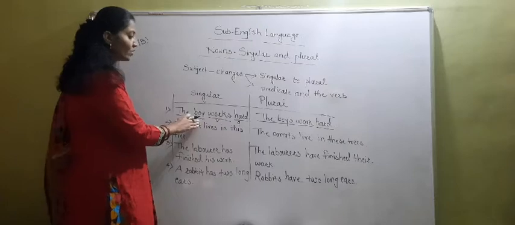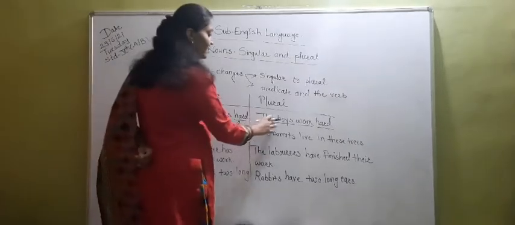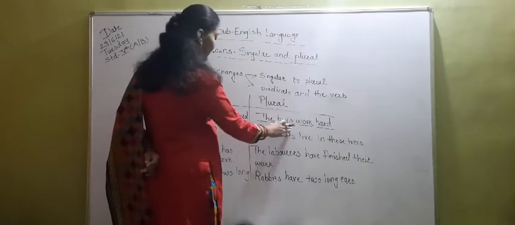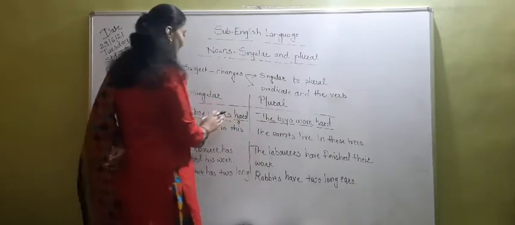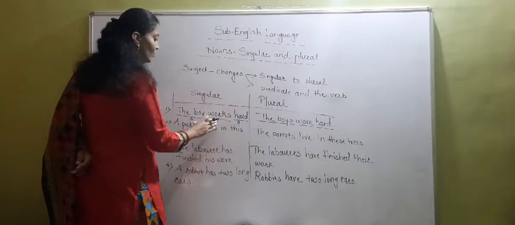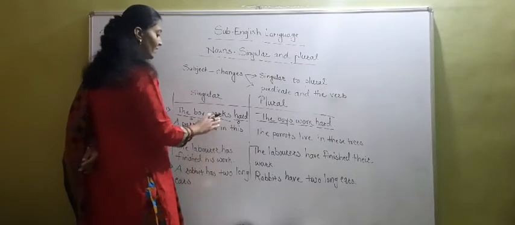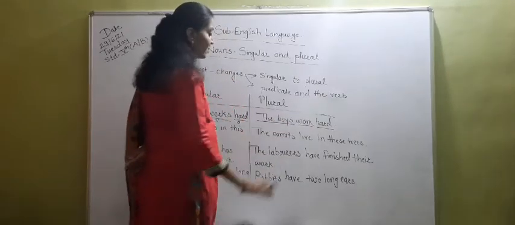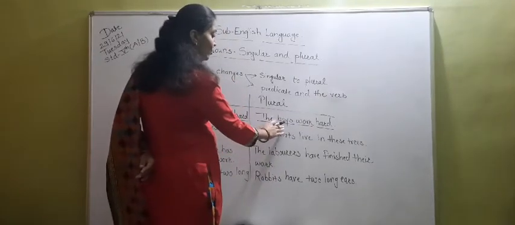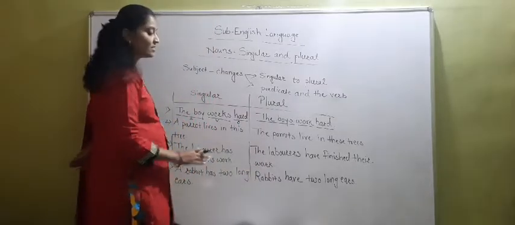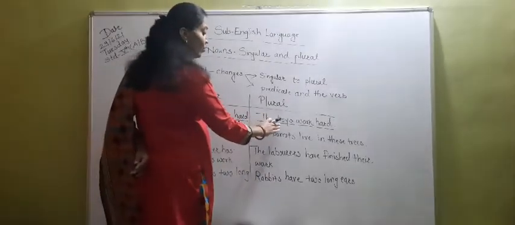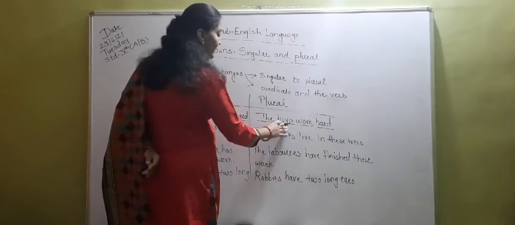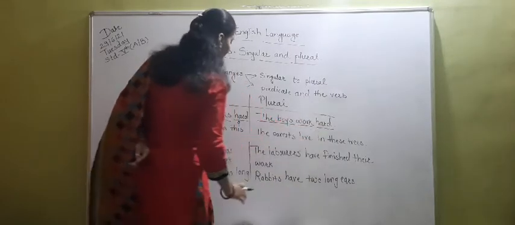Here the subject is singular and here the subject is plural. We have made plural of the singular subject. Boy, boys. Here we have changed the verb: works is the verb, and as we have used the subject as plural here, we have changed the verb. Okay. The boys work hard, like this.